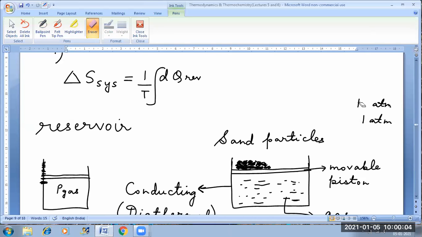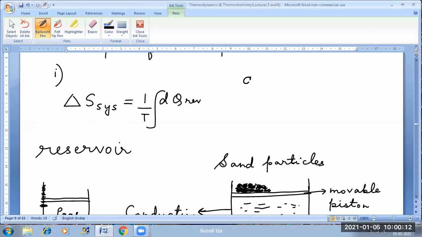Now if I want to carry on this integration, I'll have to apply the first law of thermodynamics, right? We know that dU is equal to dq plus dw. Also, we know that dU for an ideal gas is nCv dT.